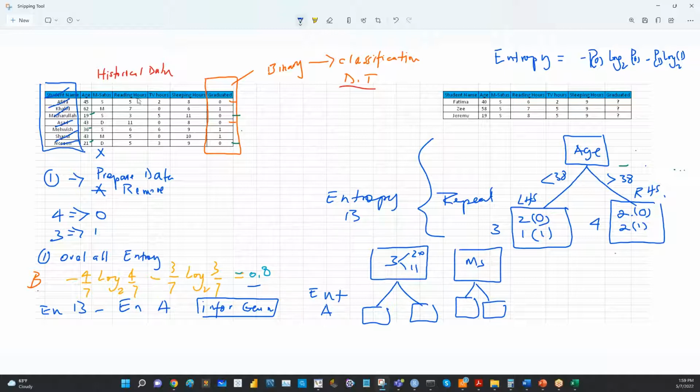Then we calculate the entropy of splitting on marital status and subtract it, then reading hours, and so on. We are going to keep only the feature with the highest information gain. Let's pretend that the best splitter for the left hand side is marital status.